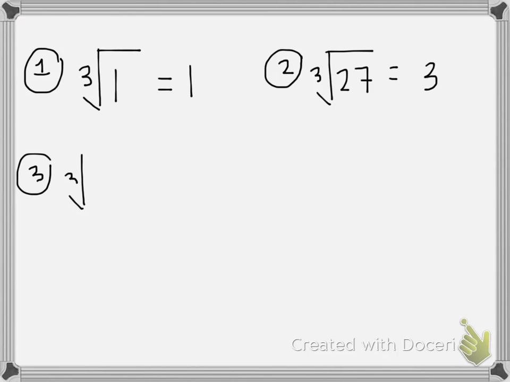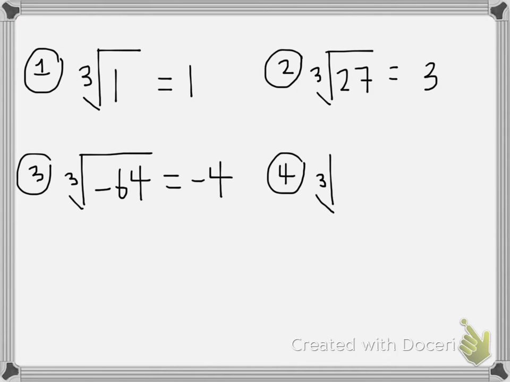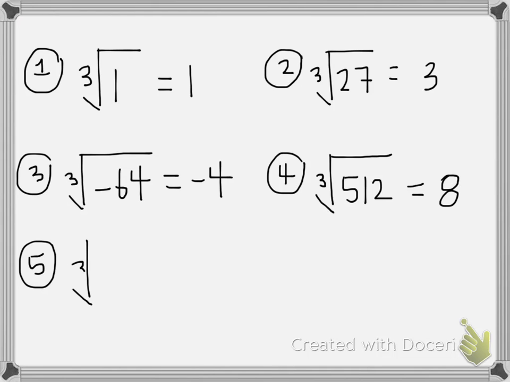The cube root of negative 64 is negative 4. The cube root of 512 is 8. The cube root of negative 27 is going to be negative 3.